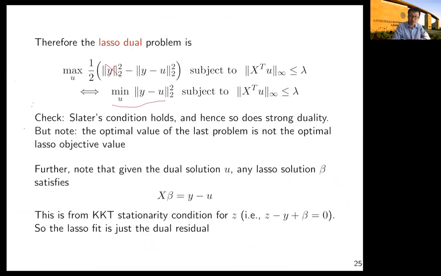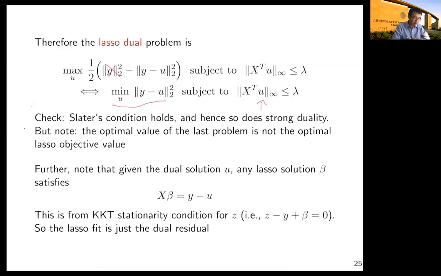We want to find the closest point within this convex set to the input y. So we optimize over u, and just project y onto the set carved out by this box constraint on x transpose u. It's easy to check that Slater's condition is true by simply taking u to be 0. Therefore strong duality holds.